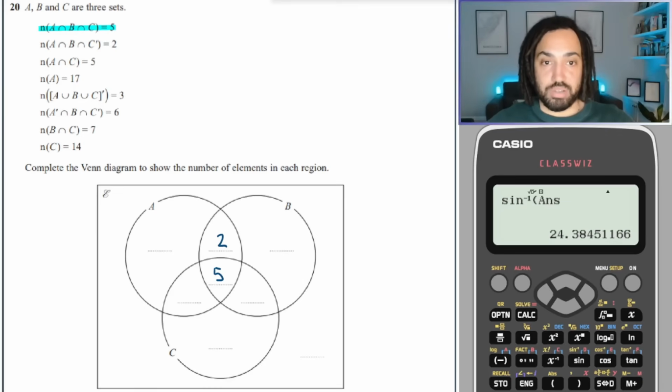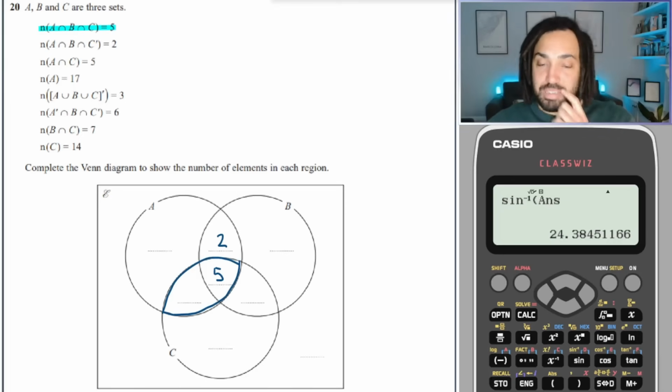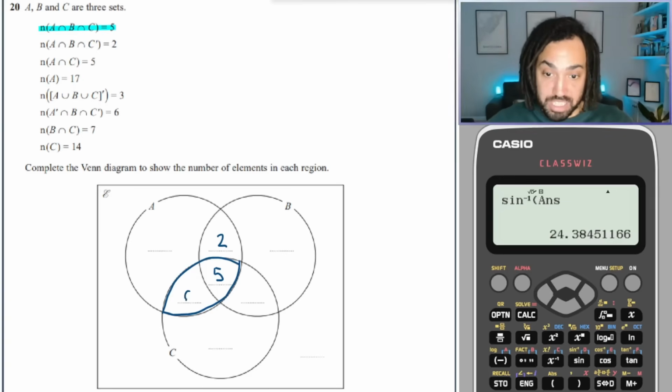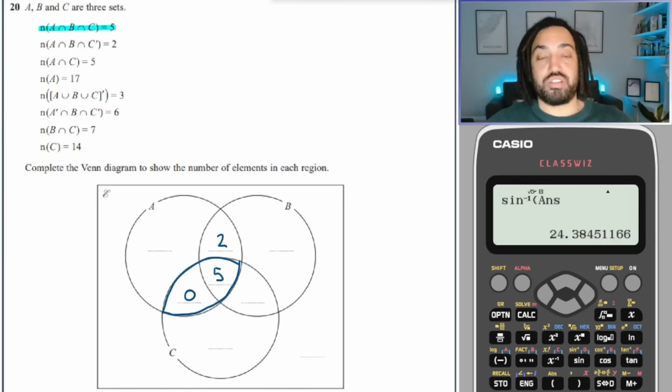Cheeky. So A and C is this area here. And it's saying that there are 5 in there. Well, we already know we've already put 5 in this part. So this part here must be 0. So there is 5 in the intersection of A and C.